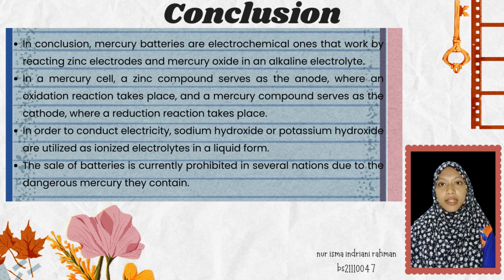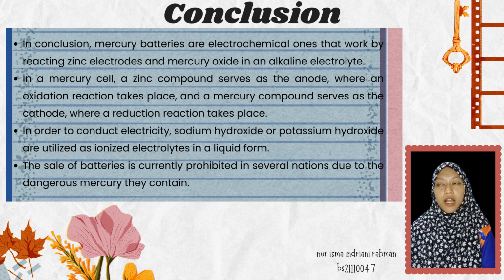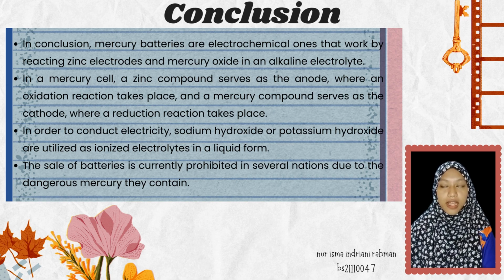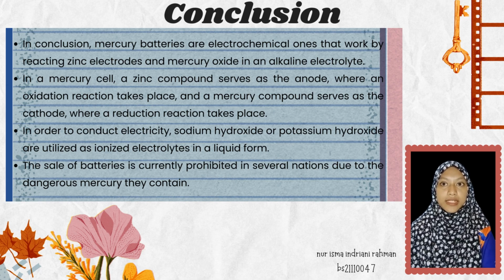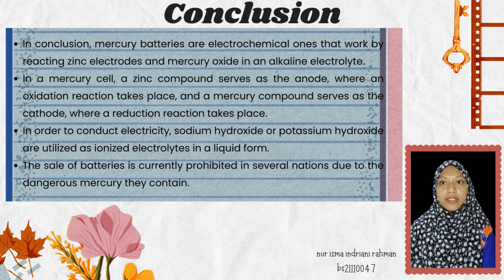In order to conduct electricity, sodium hydroxide or potassium hydroxide is utilized as the ionized electrolyte in liquid form. So the sale of mercury batteries is currently prohibited in several nations due to the dangerous mercury they contain.